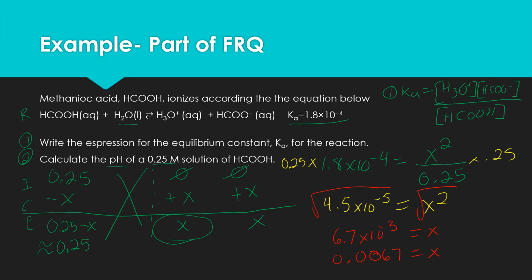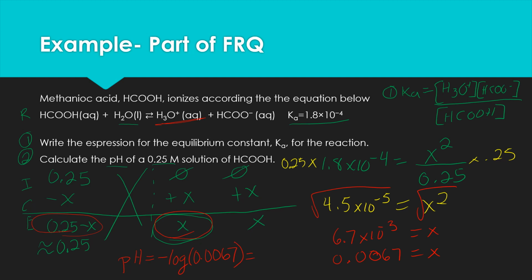Okay, so we can see already if we plugged X in right here, it would be so small we wouldn't really get a change. It would round to 0.25, so that's a way to check that. Make sure rounding is okay. X is going to give us this value here, which is our concentration of our hydrogen or hydronium, which allows us to find our pH. So pH is the negative log of our hydrogen ion, and we can calculate that.